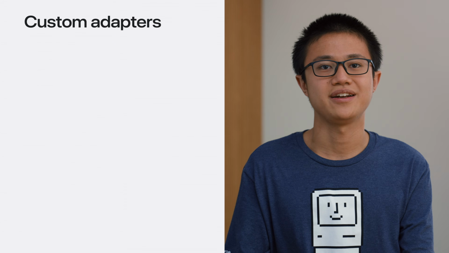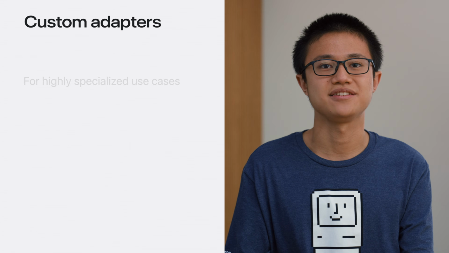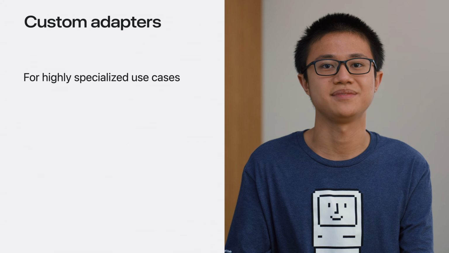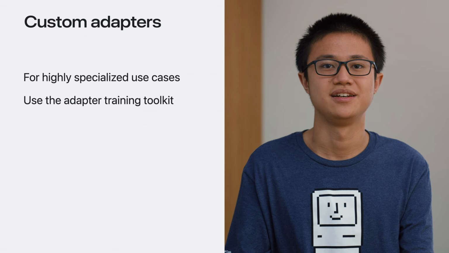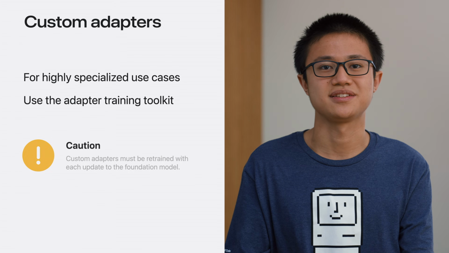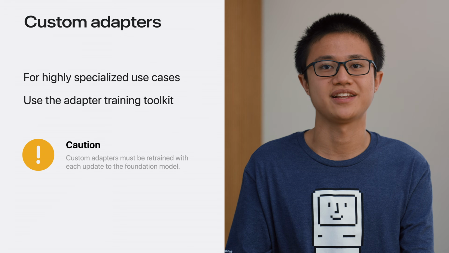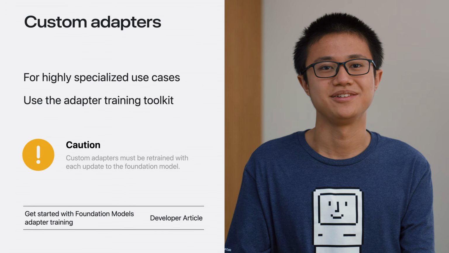Finally, if you are an ML practitioner with a highly specialized use case and a custom dataset, you can also train your custom adapters using our adapter training toolkit. But bear in mind, this comes with significant responsibilities because you need to retrain it as Apple improves the model over time. To learn more, you can visit the developer website.